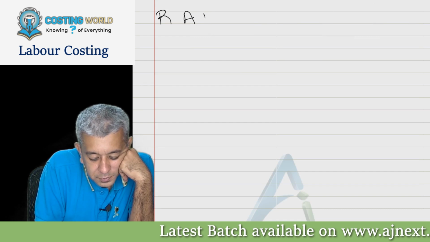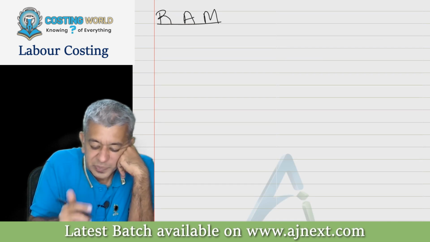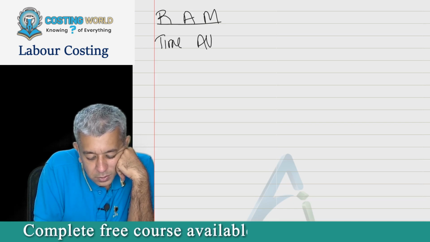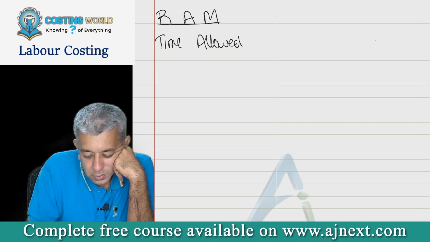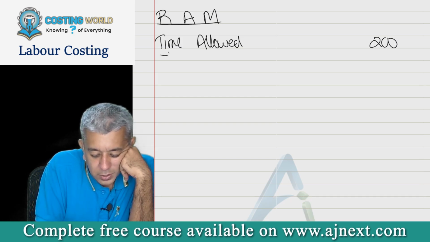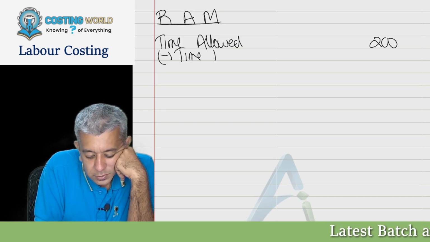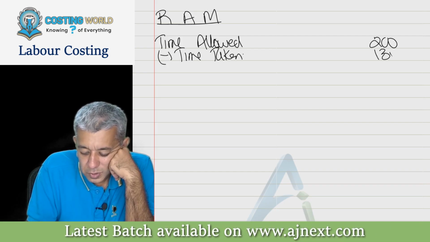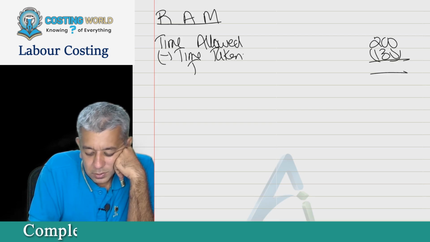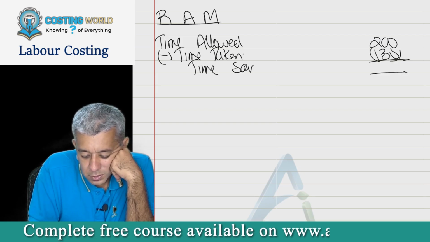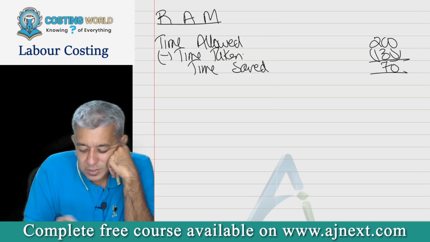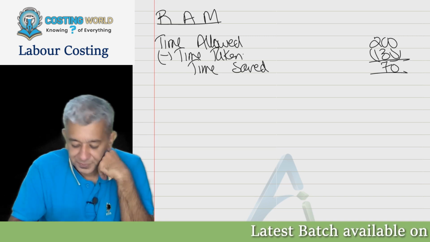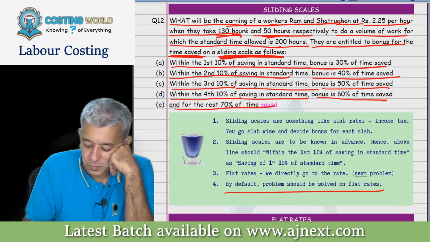Ram. Time allowed 200, less time taken 130, time saved 70. Yes, taken 130 hours, no?